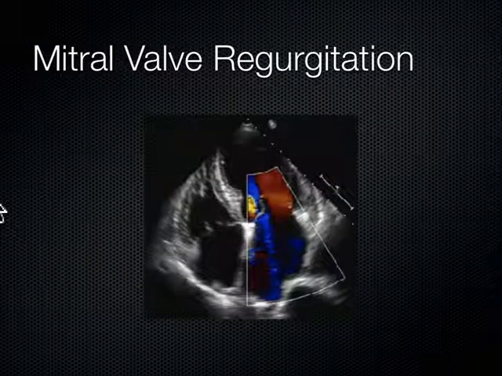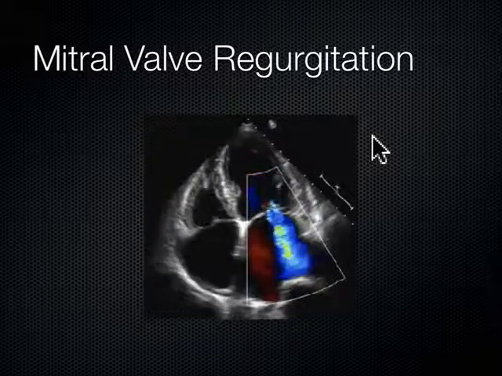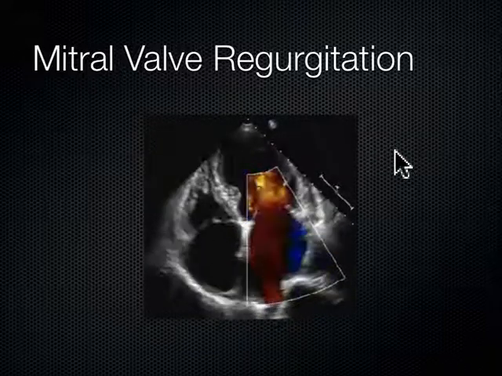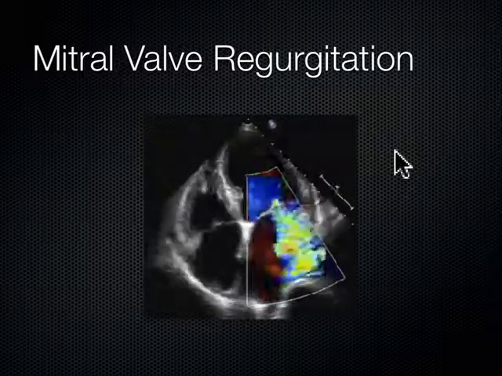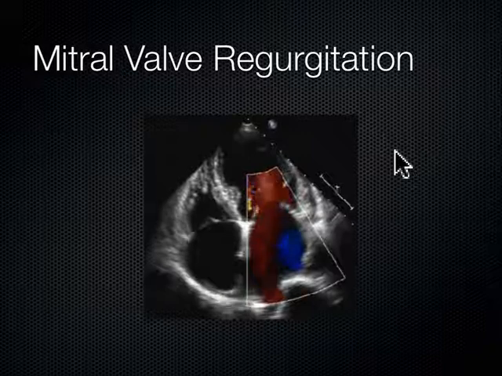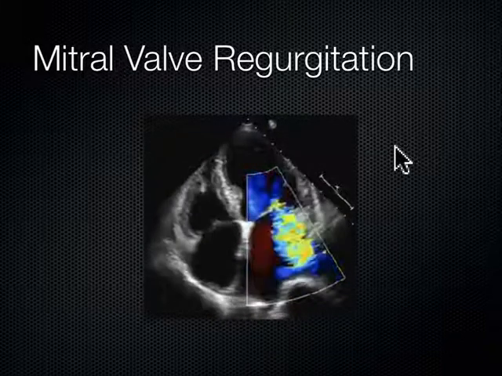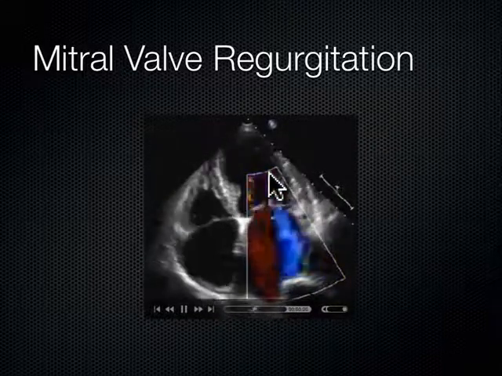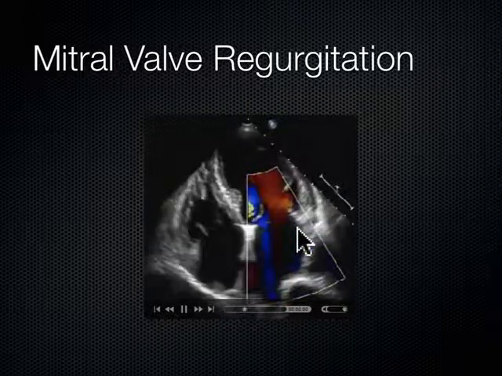Let's go ahead and throw some color across that mitral valve. Now, during systole, red is flow towards the probe, blue is flow away. I mixed that up. That's one way to remember it, BART: blue away, red towards. During systole, we don't expect to see blood squirting away from the probe back into the left atrium.